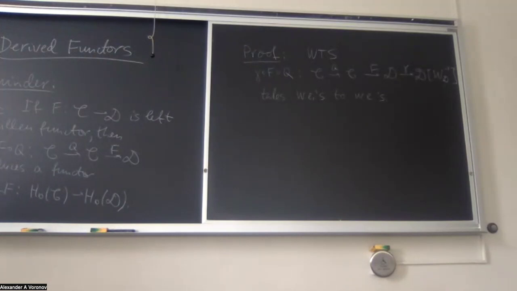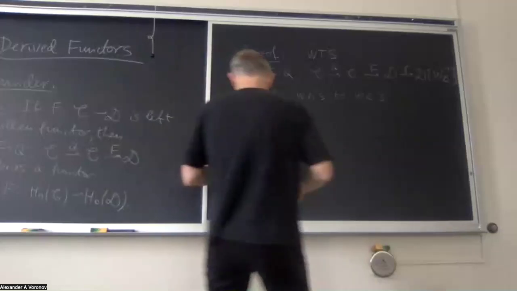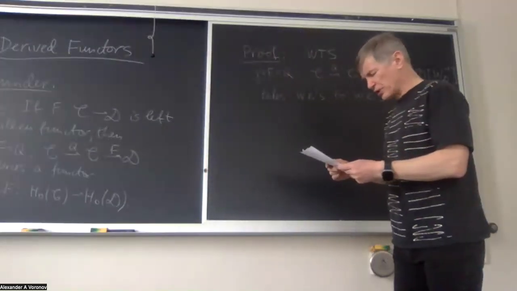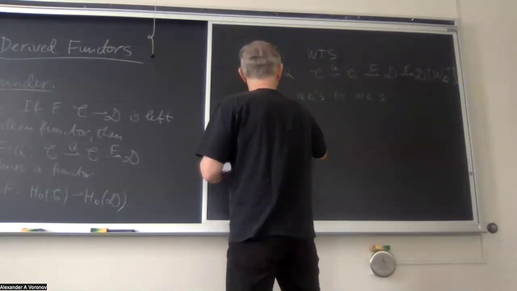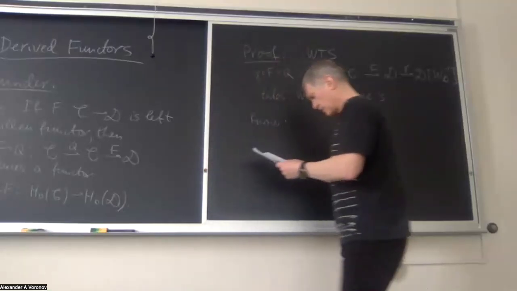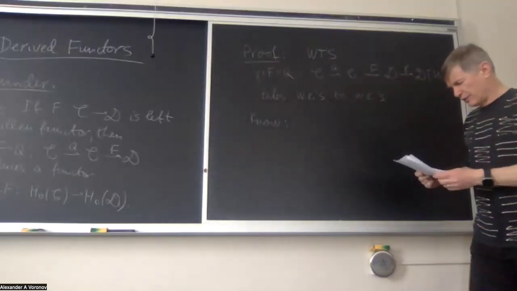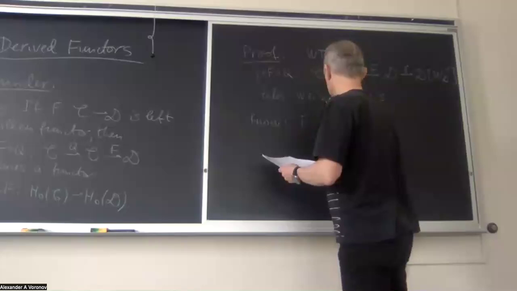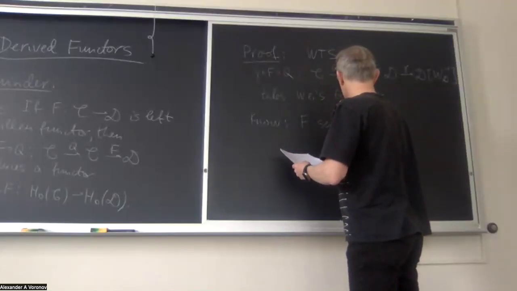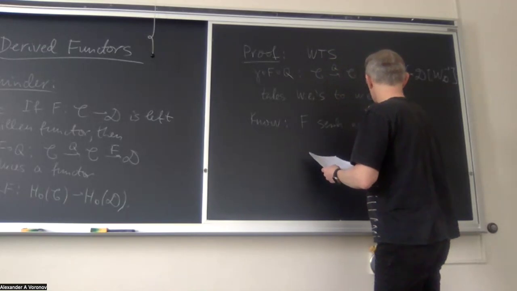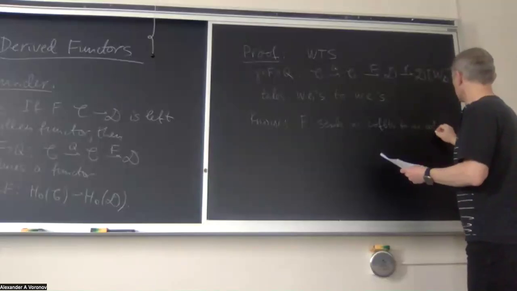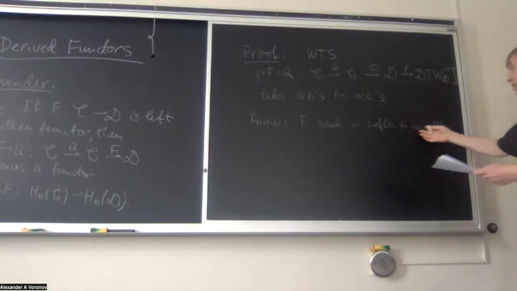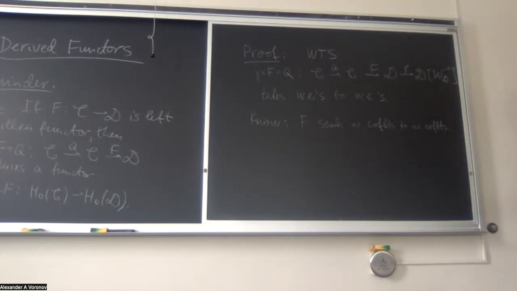Yeah, so, right, the point was that we know that F sends acyclic cofibrations to acyclic cofibrations, in particular to weak equivalences.